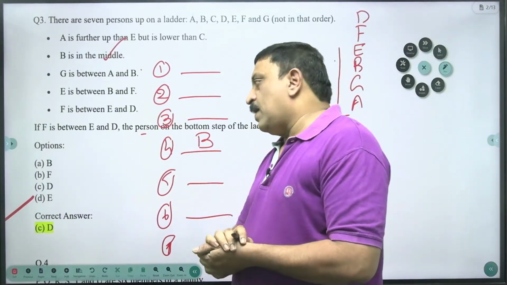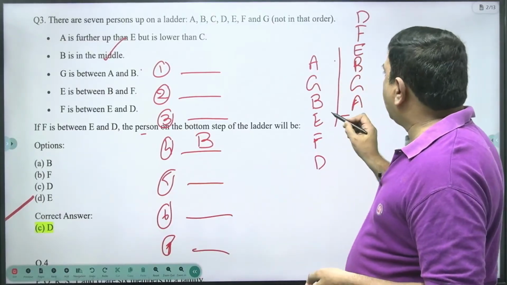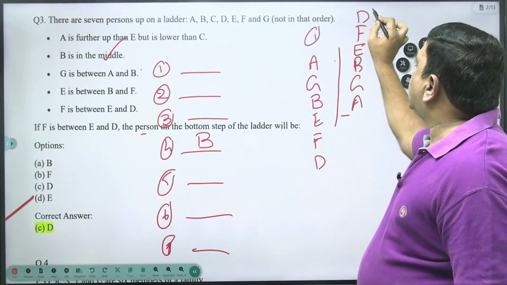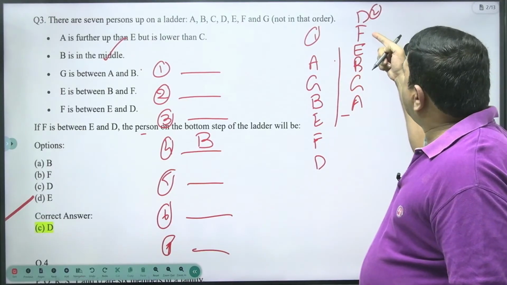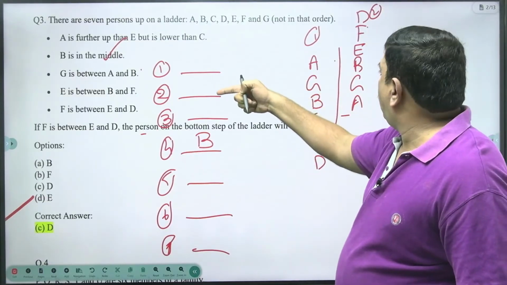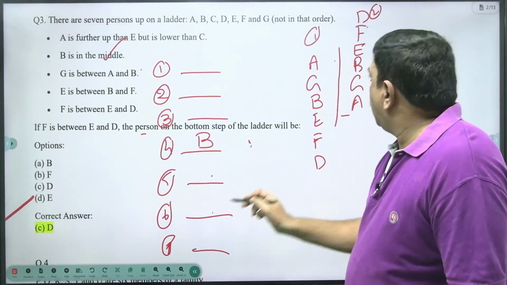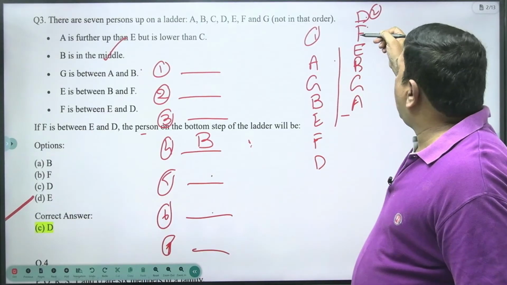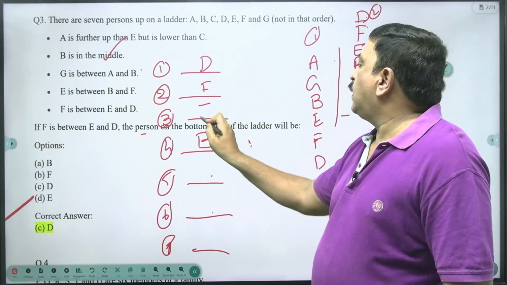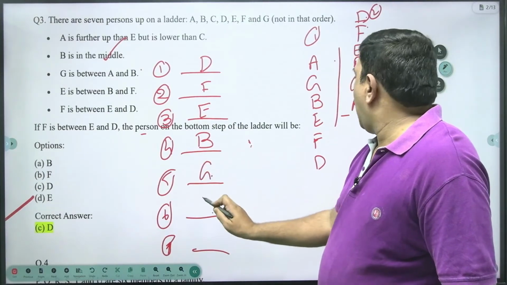Now, F is between E and D, the person on the bottom of the step. If you see, these two arrangements are there. If I see this one, this arrangement falls here. So can I make D, F, E, B, G, A?